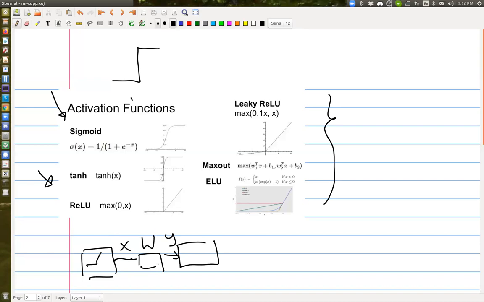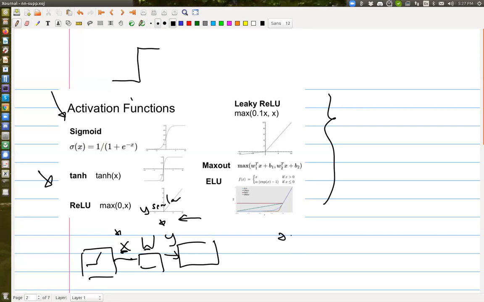Now if I backprop back, let me make it simple: y is a scalar, and x is a vector in this case, so w is a vector as well.